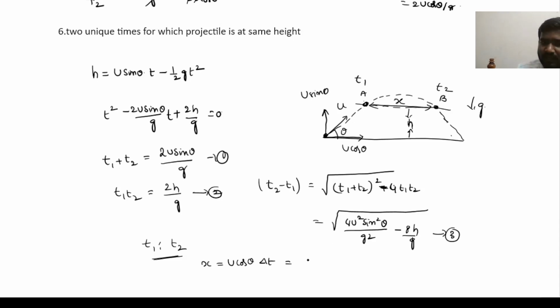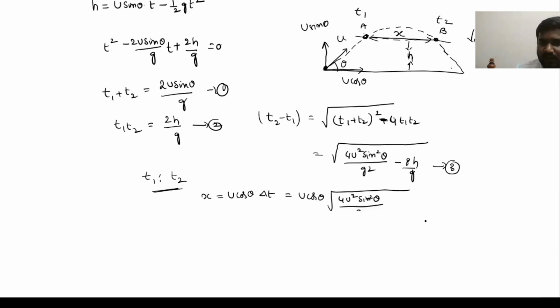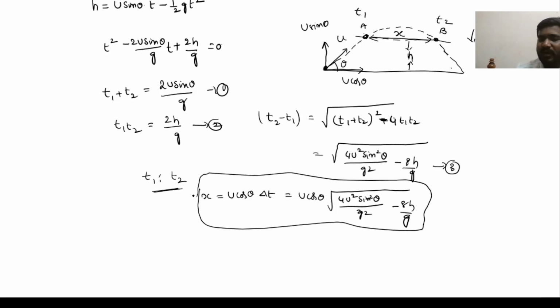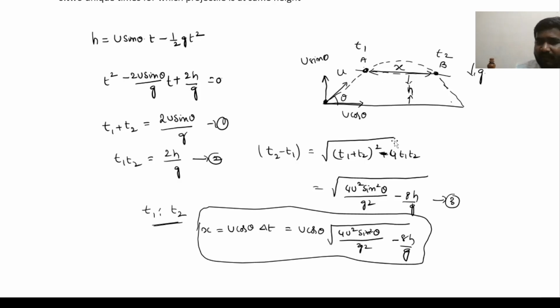The time difference we already know: under root 4u square sin square theta divided by g square minus 8h divided by g. So the horizontal distance is u cos theta times under root 4u square sin square theta divided by g square minus 8h divided by g. It is the horizontal separation between the two points of the same height at a given arbitrary height.